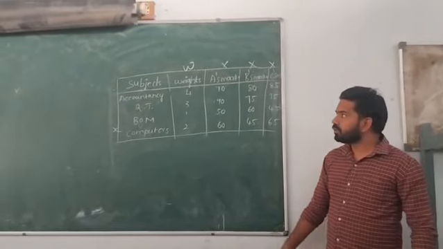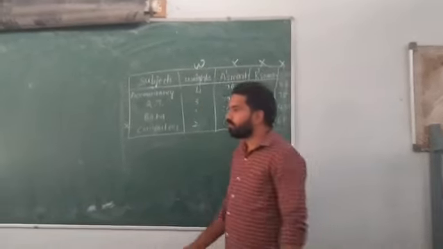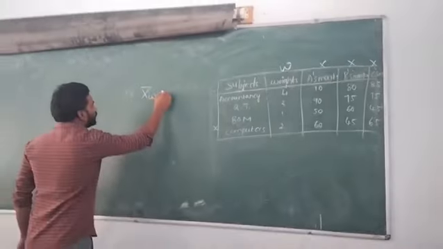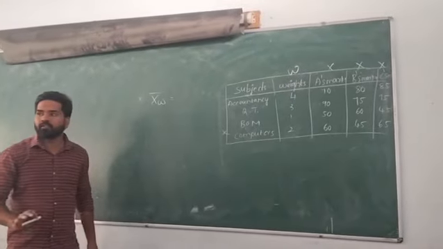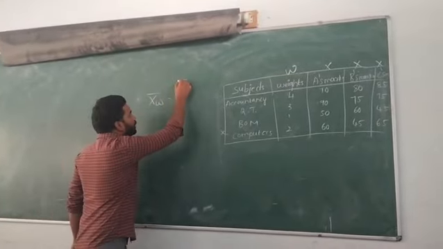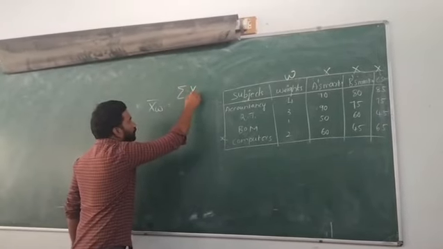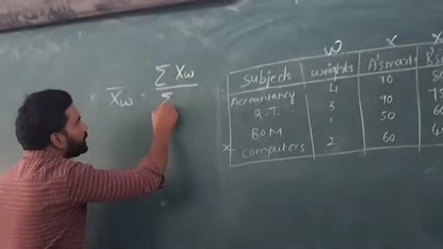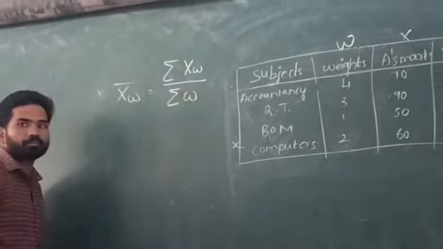Okay, so what's the formula of the weighted average mean? Weighted mean equals sigma xw divided by sigma w.